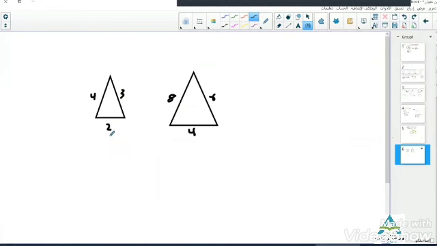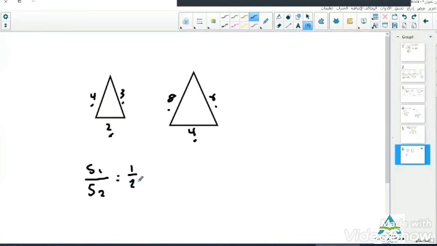What does it mean? If we divide 2 by 4, it equals what, Ahmed? Half. 3/6, half. 4/8, half. So the ratio between the sides of shape 1 and shape 2 is 1/2.